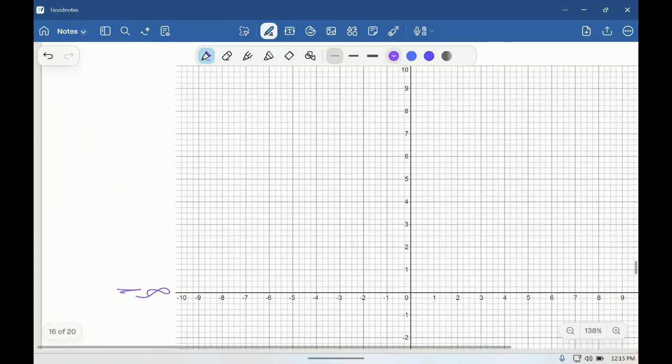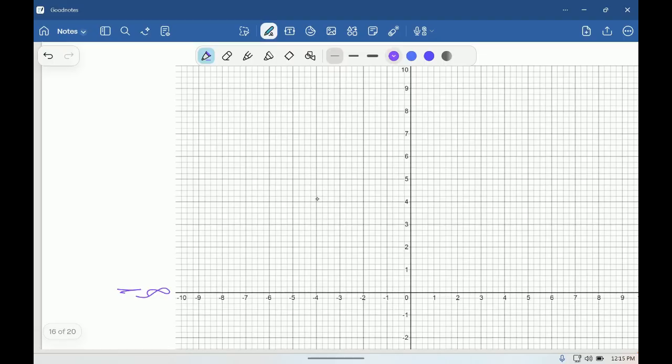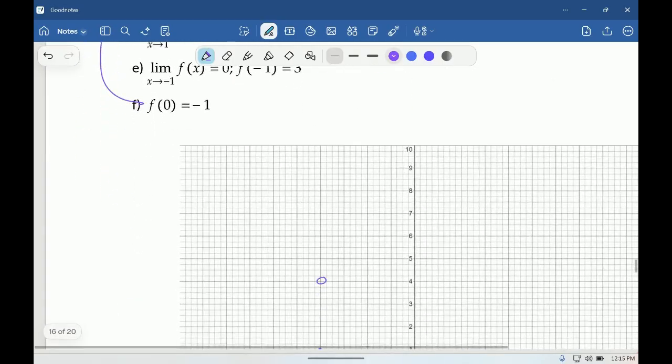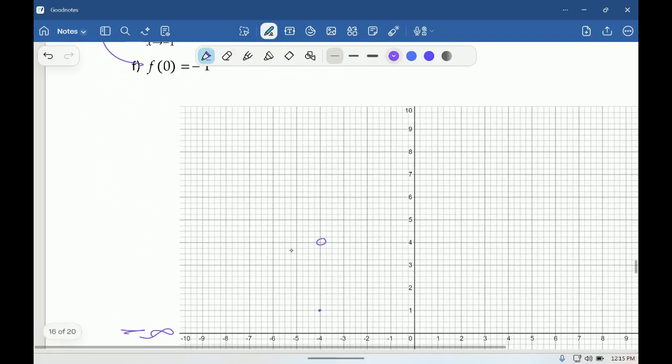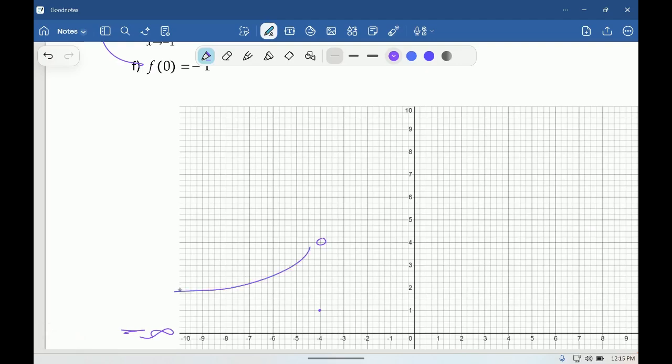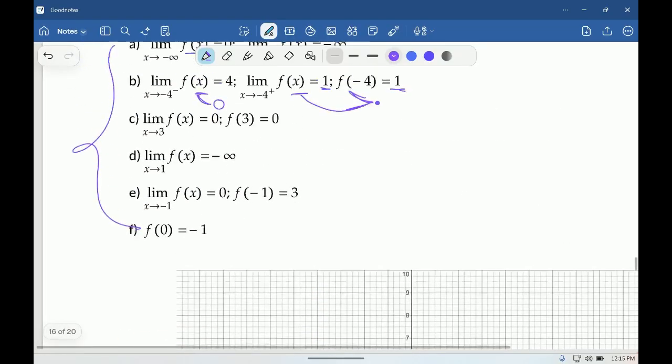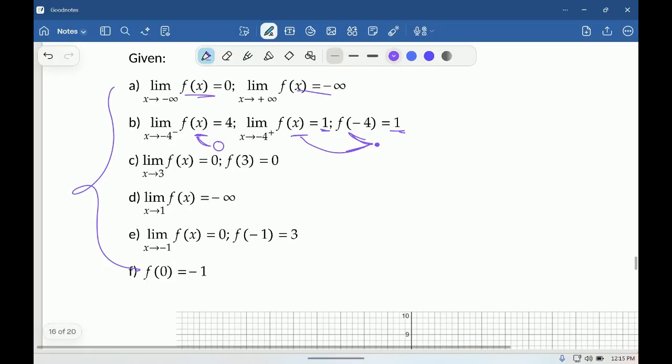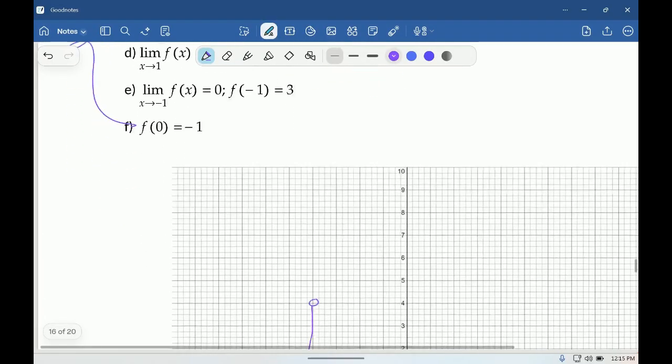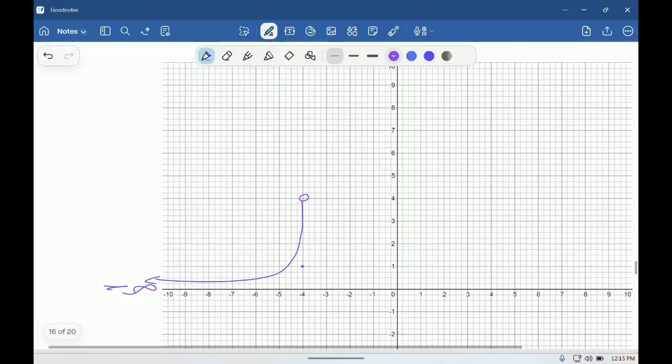So we're going to find negative 4. And for this one, we're going to go like that. And then for this one, we're going to go like that. And because this approaches from the left side, which means that it goes towards negative infinity, that's what we're going to draw. We're going to draw it like this, and we're not going to cross y equals 0. For this one, it tells us it's coming from the right.